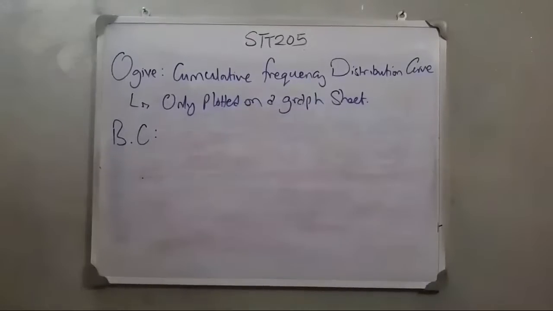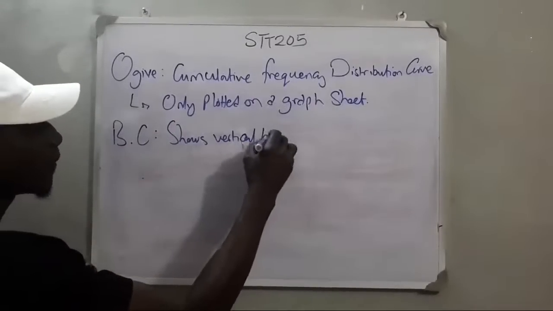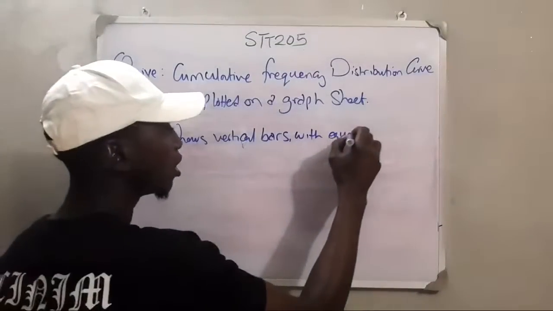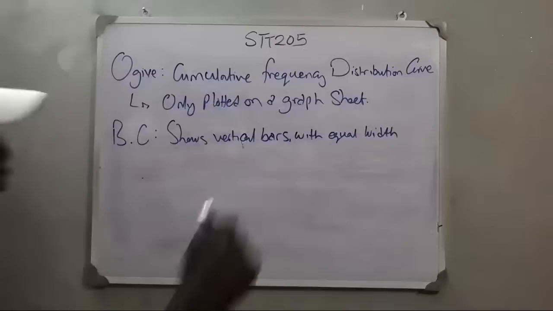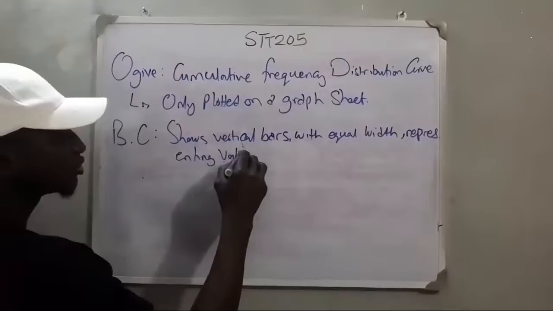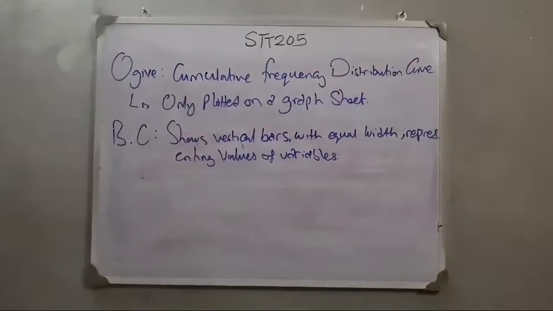It's also a graphical representation, but it's particular about showing vertical bars with equal width, the wideness being equal, representing the values of variables in some interval of time. So we have that as that.